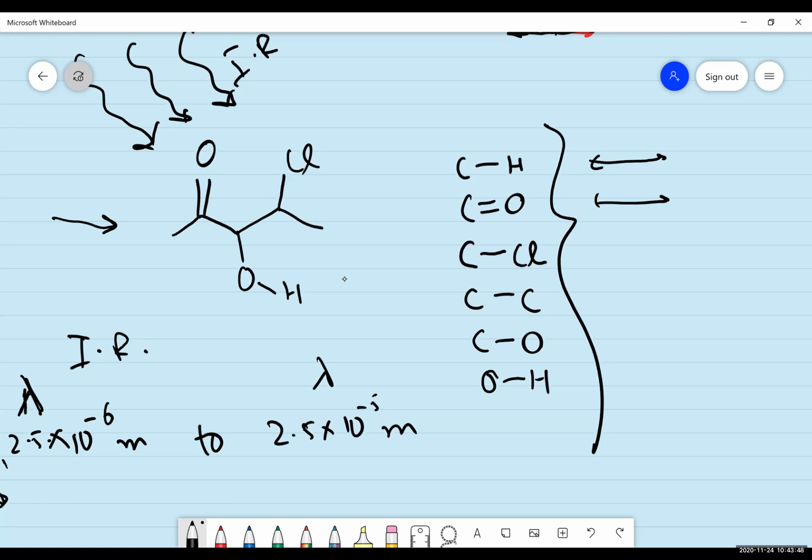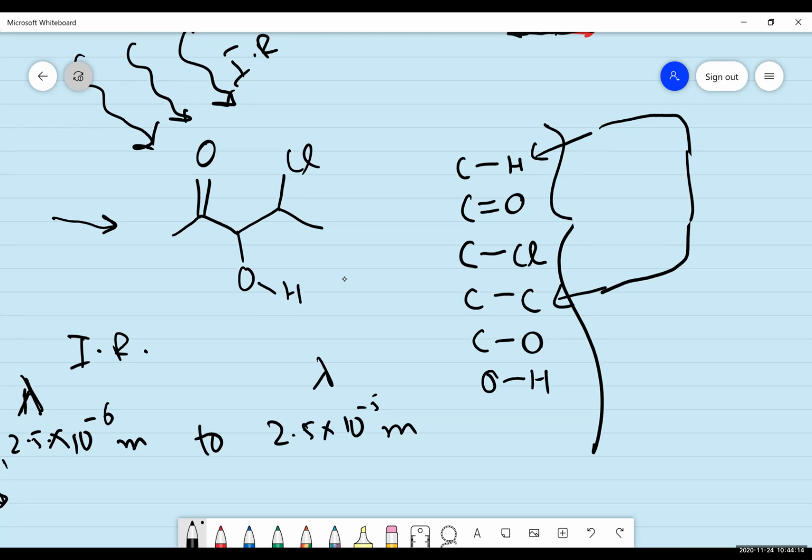So it means CC bond, CH bond, will they vibrate at low energy or high energy? If the polarity difference is less, they vibrate at lower energy. If the polarity difference is more, then they vibrate at higher energy. It's an oversimplistic version, but that's enough for now. So what can we say?